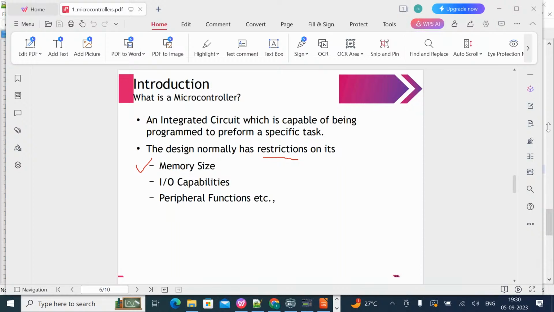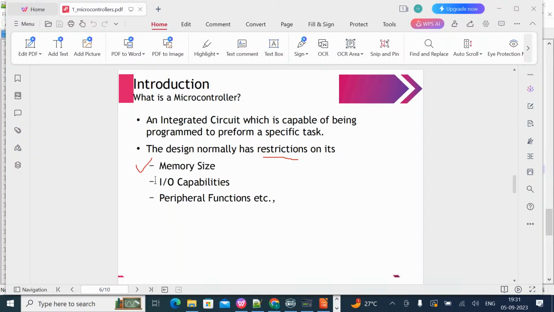So whatever programs we write, we have to write in such a way that they fit into the available memory. We can't upgrade this memory. Whatever memory size we have, we have to fit our code in that restricted memory only. Like our computer, if needed we can upgrade the RAM, right? But here it's not expandable, right Sonali?